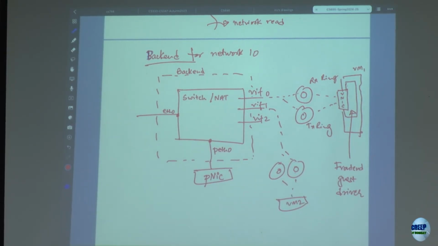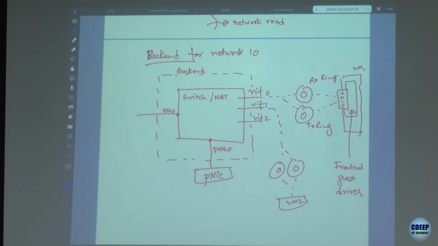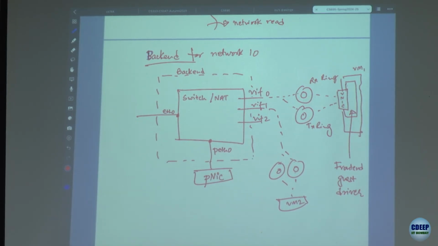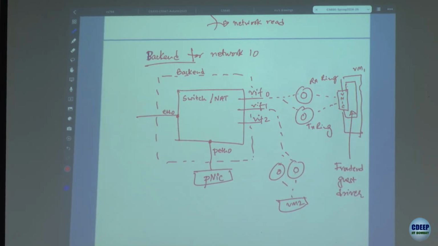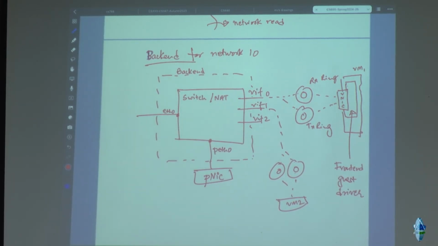But all the coordination and management of this has to be funneled through the back end. Every packet that's coming in or going out is really going on the physical interface that's controlled by DOM0. The rest of the stuff is just in software, so that switch is a software switch.